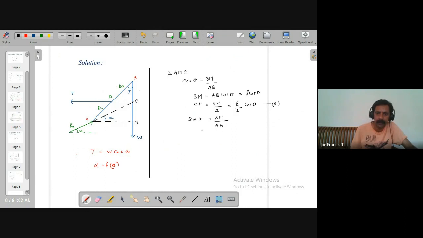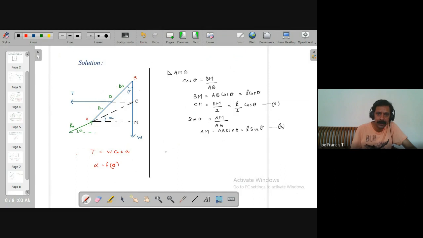So we get AM as AB sine theta. AB is L, so we get this as L sine theta. So you found expressions for CM and AM.